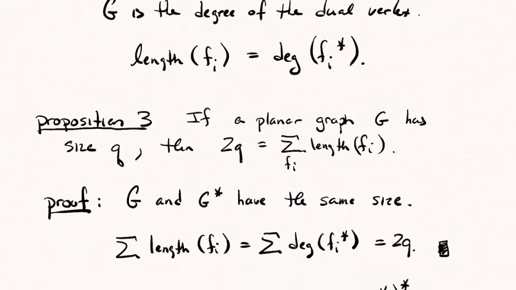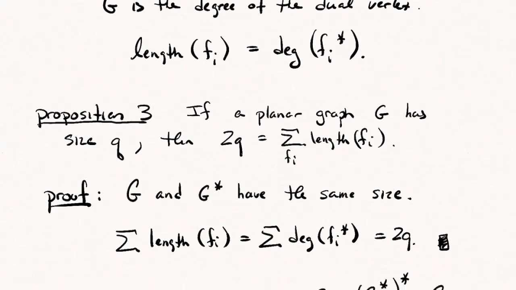The proof is that a graph and its dual have the same size, and we proved that the sum of the vertex degrees in any graph is always twice the number of edges. But the sum of the vertex degrees in the dual graph is just the sum of the face lengths in G. So that's a remanifestation of that very first result, that the degrees in a graph always sum to twice the number of edges.